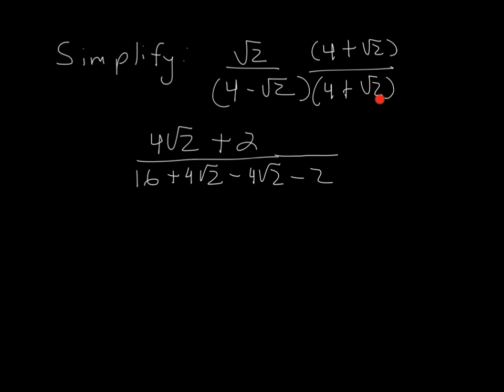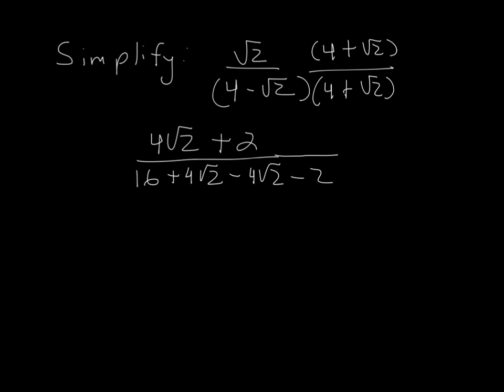This times this is 4 root 2, which is that one right there. Then we come over to here and distribute again. This is negative 4, right? Negative there, 4 root 2, right there. And then a negative times a positive is a negative, and root 2 times root 2 is just 2. If it's the same number inside the square root, then it ends up just that number.